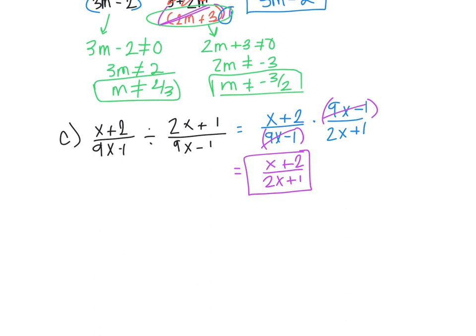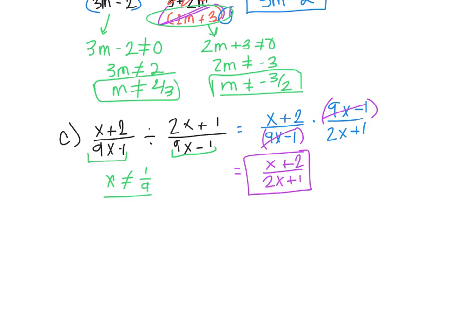So we have restrictions from our original setup. We have 9x minus 1 in the denominators here. So that means x cannot equal, think about what we would do to solve for when that whole thing equals 0. We would add 1 to both sides, then divide by 9. So that results in a restriction of positive 1 over 9. So x cannot equal 1 over 9. That's one restriction.